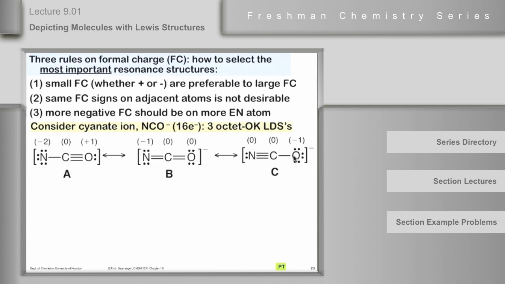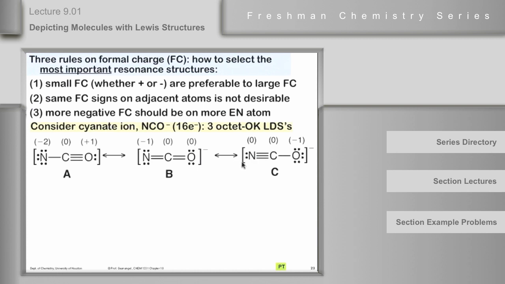Okay, if we do the formal charges, a 3-bonded nitrogen with a lone pair gives you a 0 formal charge. A 4-bonded carbon is always a 0 formal charge. And a single bonded oxygen is -1. So that looks like an acceptable one as well. All three of these are acceptable with respect to the octet rule.